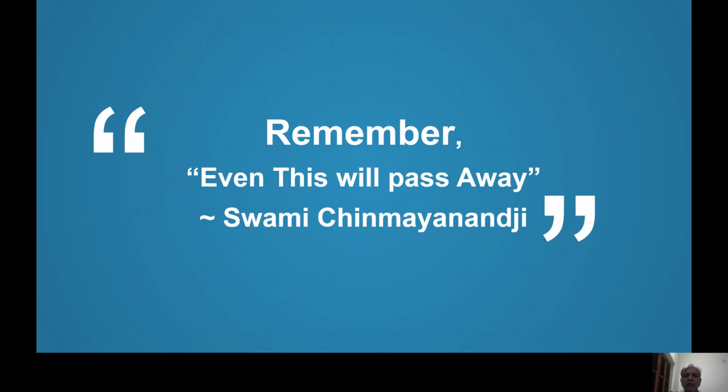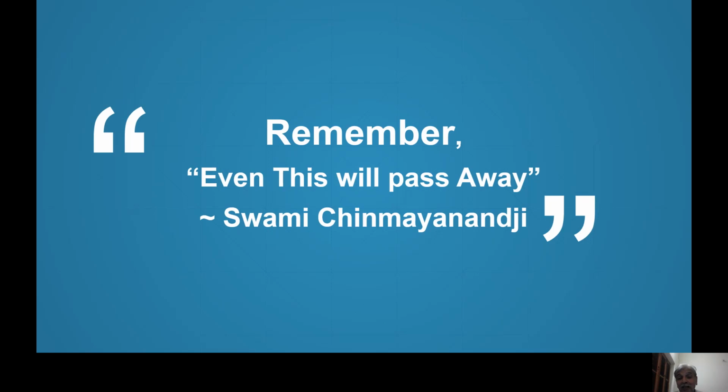He was not very happy, not like, oh, this is very good. That friend asked, on today, you should be very happy. You killed that king and you got your state back. You should be very happy. But then this fellow told, no, remember, even this will pass away.